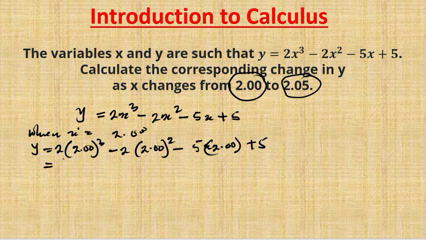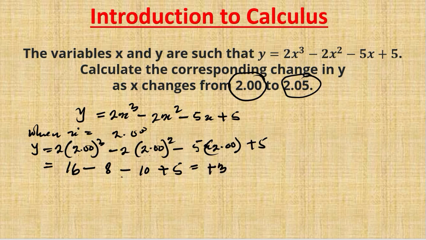That will be equal to 2.00 raised to power 3, that's 8, times 2, that's 16, minus 2 into 2.00 raised to power 2, that's 4, times 2, that's 8, minus 5 into 2.00, that's 10, and plus 5.